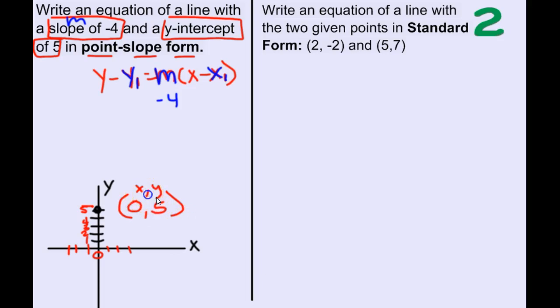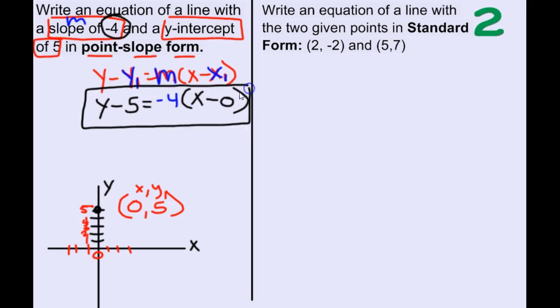So here is my x1 and my y1 that I can plug into my equation. So I have y minus y1, which is 5, equal to my slope, which I took from up here, -4, and then x minus x1, which is 0. And I'm done because I wrote it in point-slope form. It did not say solve, it just said to write it, which we did.